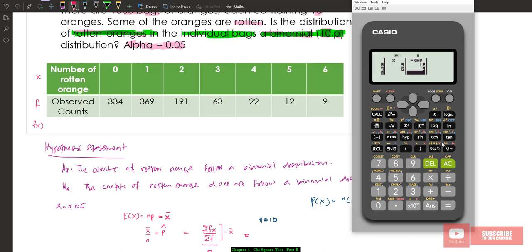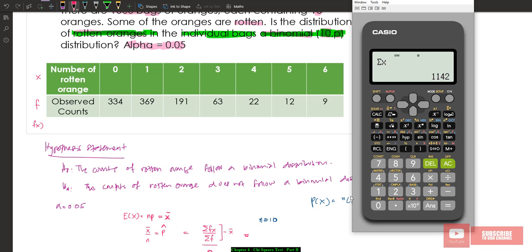So we can recheck our data input in the calculator and click on AC. Then we click on shift 1, find 4 and sum number 3, and click on number 2, summation of x, which is equal to summation of fx.